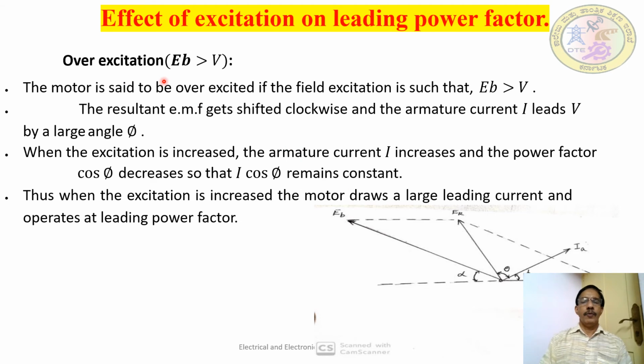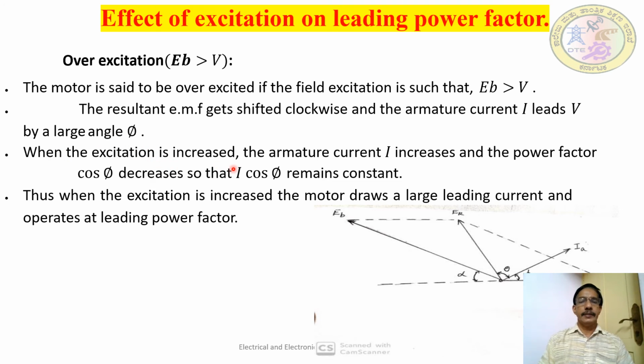So this is called the over-excited state, EB greater than V. The motor is said to be over-excited if the field excitation is such that EB is greater than V. The resultant EMF gets shifted clockwise and armature current I leads the V by a large angle phi.